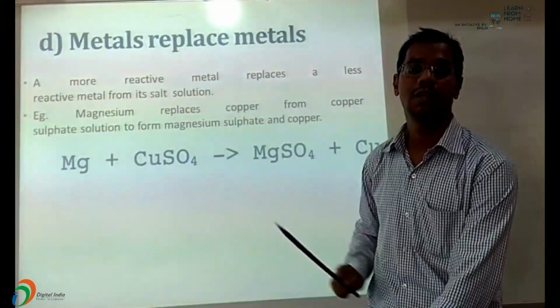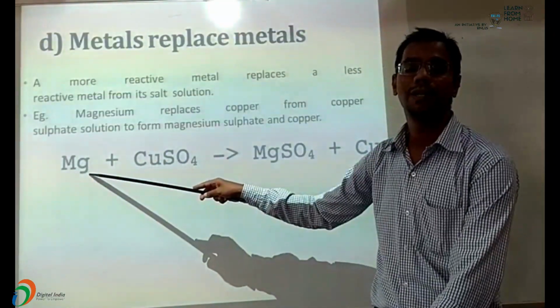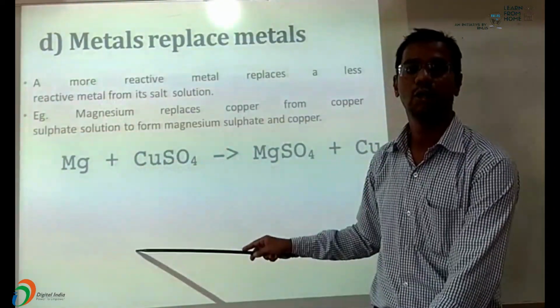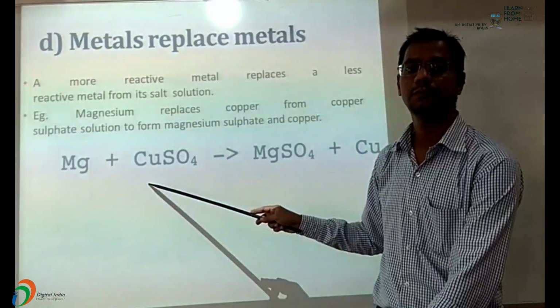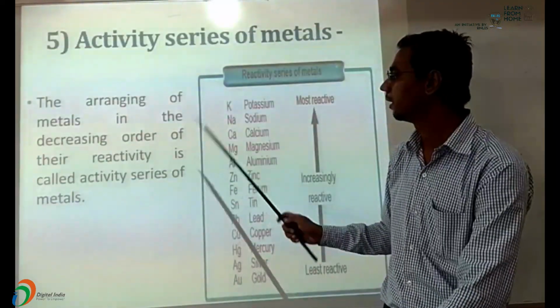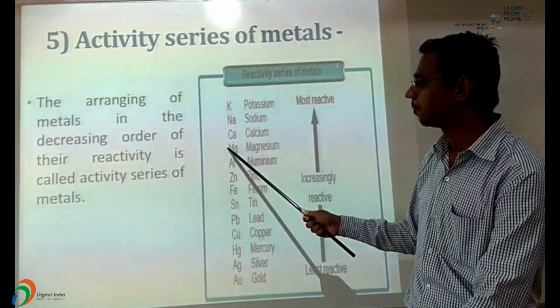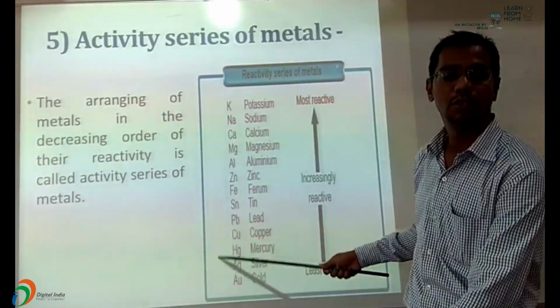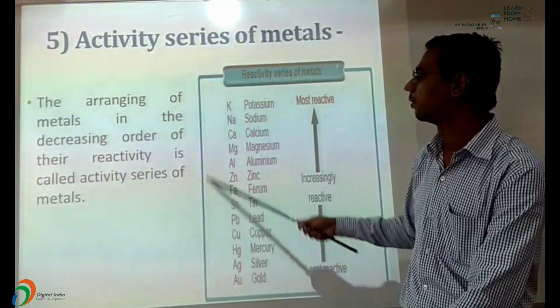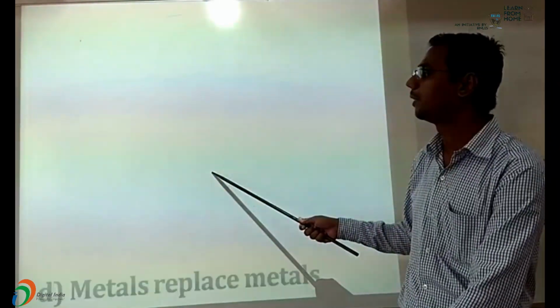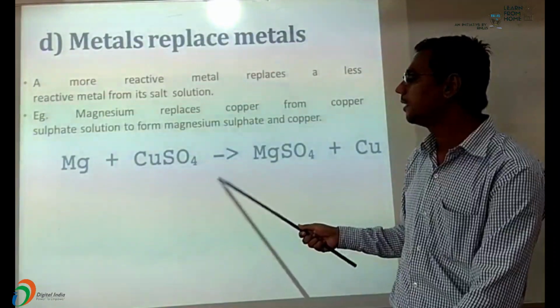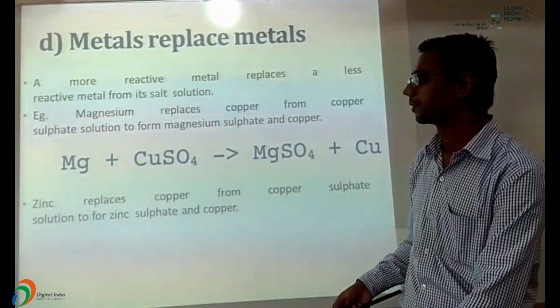What will be your assumption? Should Mg lie above or below copper? You can check here Mg and copper. Here is our Mg, and where is copper? Here. Below position means least reactive. Above means highly reactive. It means it can easily displace copper.